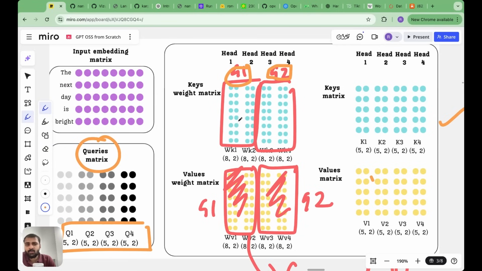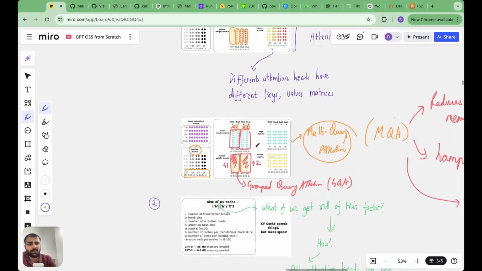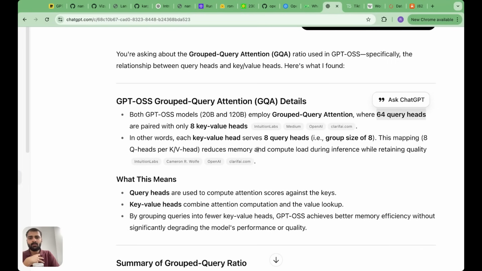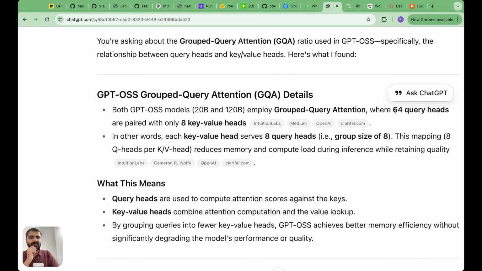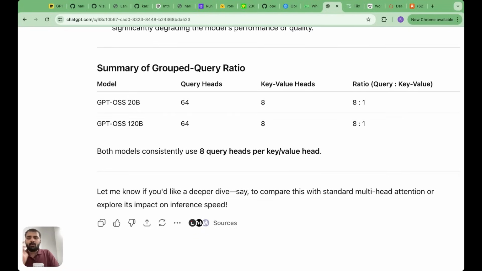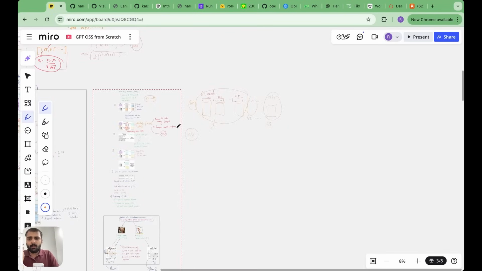So this is a 2 is to 1 ratio, but GPT OSS used an 8 is to 1 ratio. It's mentioned over here: 64 query heads are paired with only 8 key value heads. So each key value head serves 8 query heads, and that is why it's a group size of 8. Okay, so I hope all of you have understood grouped query attention, right?